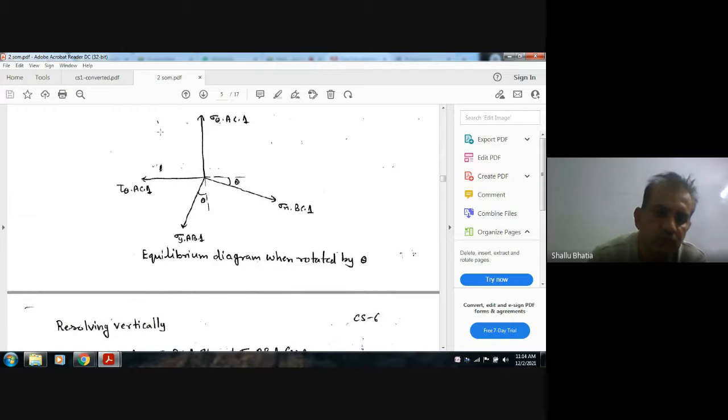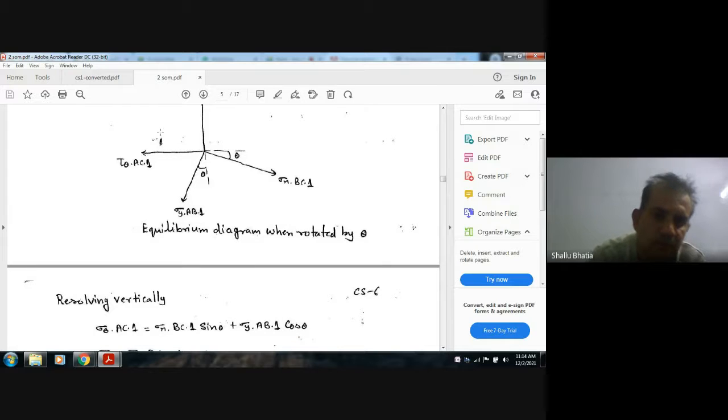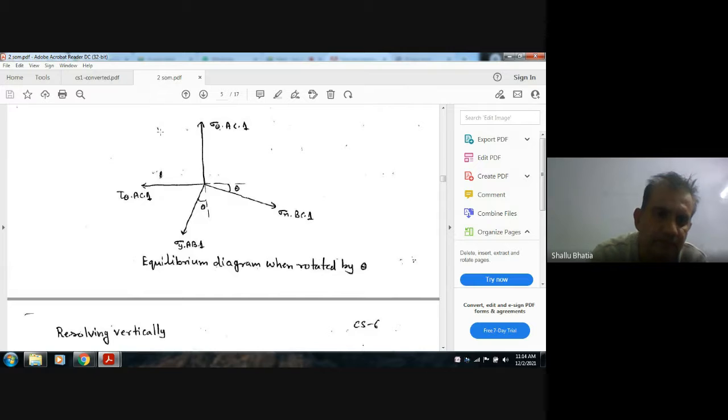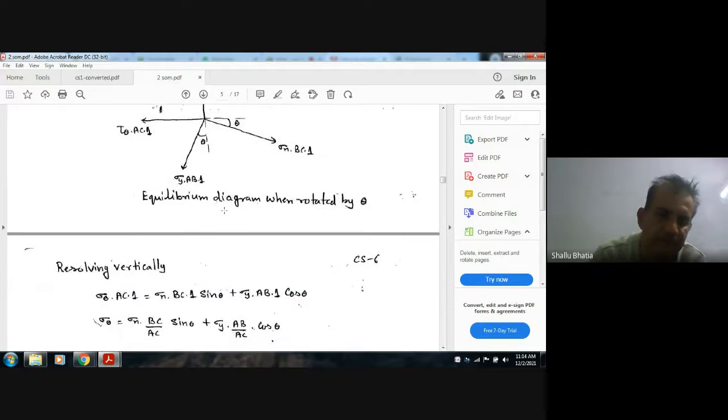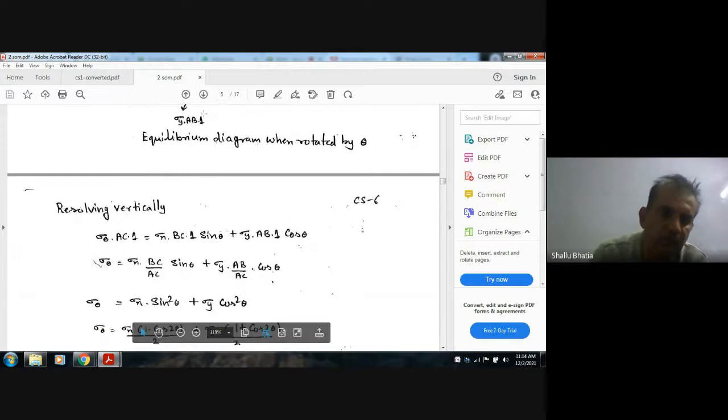So, resolving vertically, the vertical components are sigma theta AC into 1, sigma y AB cos theta, and sigma x BC sin theta, balancing. These are in the downward direction, and this is in the upward direction.